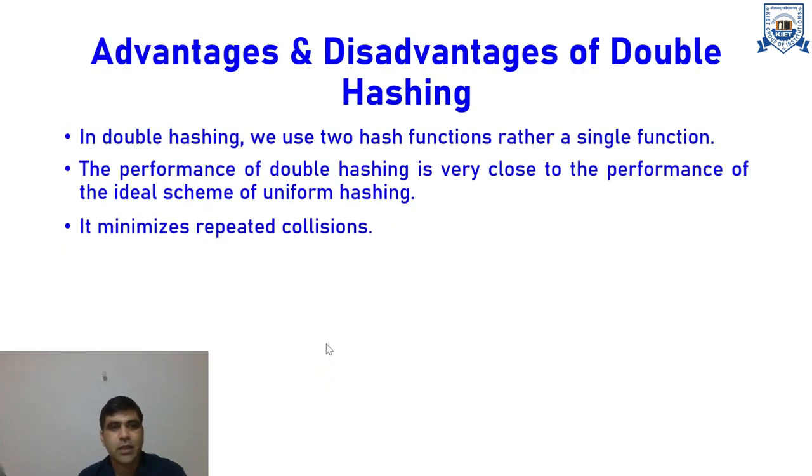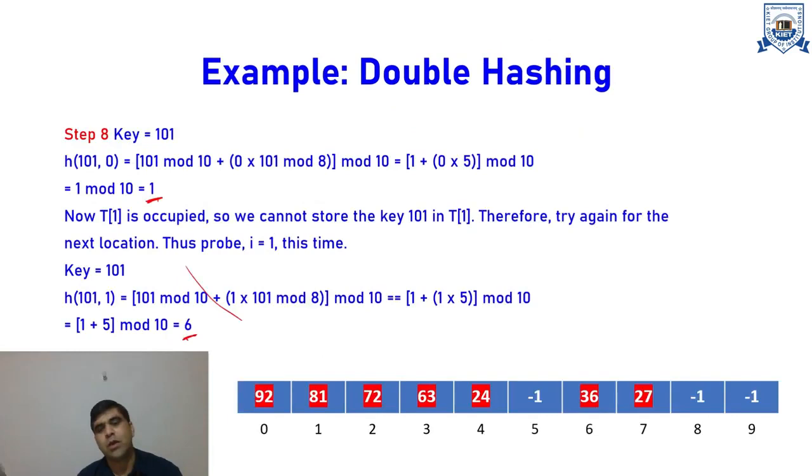Then the number of times you have to calculate the address of your given key value to find a proper place to map it into the hash table can be large, because a number of collisions may occur in a sequence before you actually find an empty space where you can map that particular key.